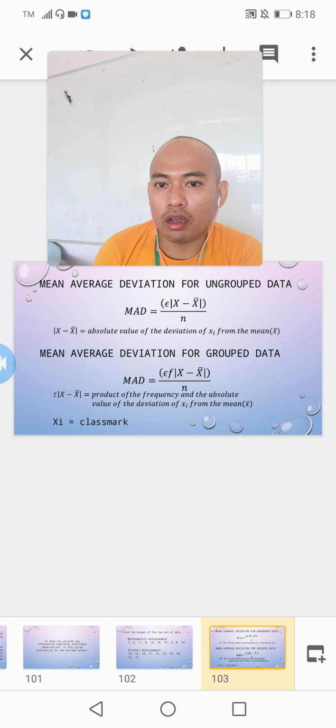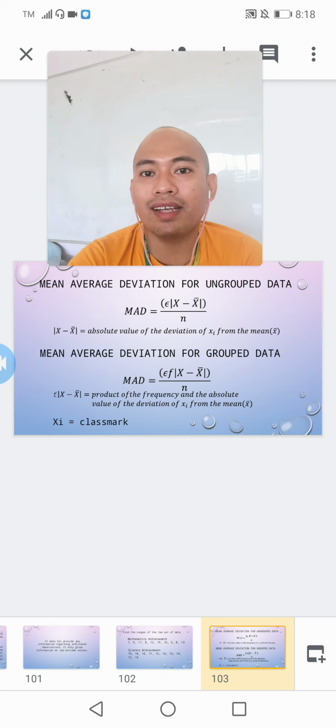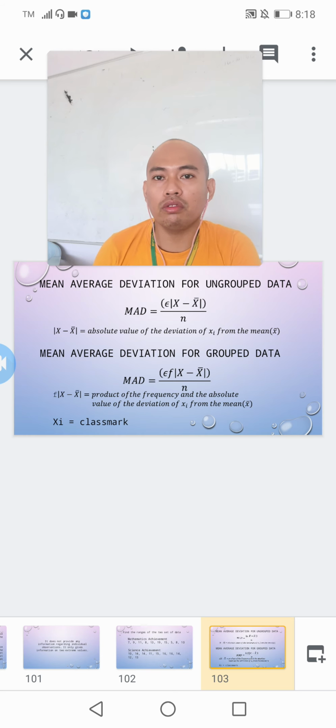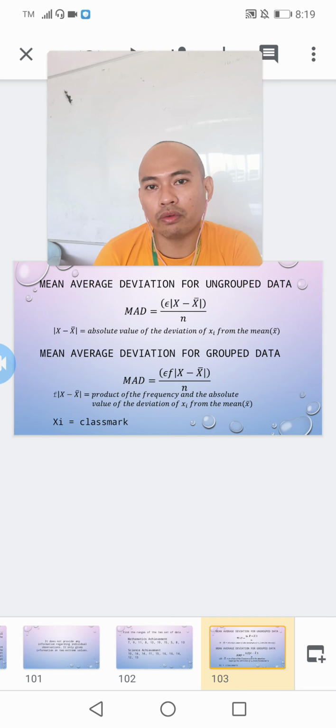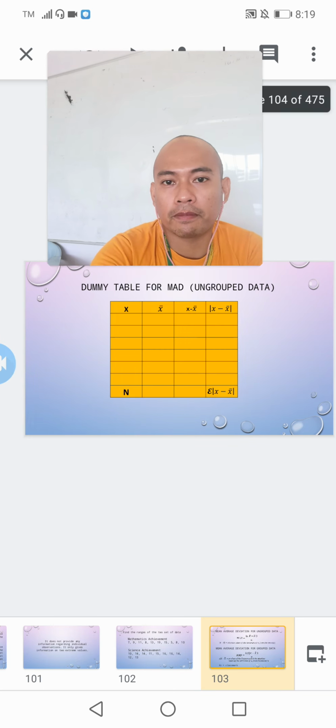Our x sub i here is our class mark. All right? So these are the two possible formulas that we can utilize when we are computing the mean average deviation, whether for ungrouped data or grouped data.